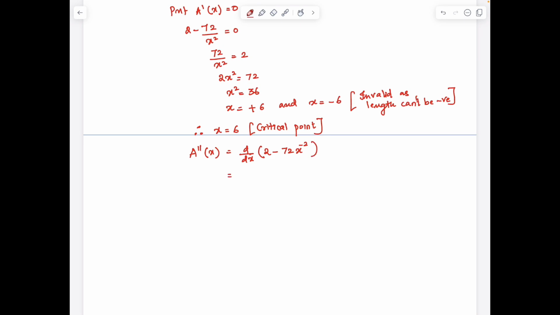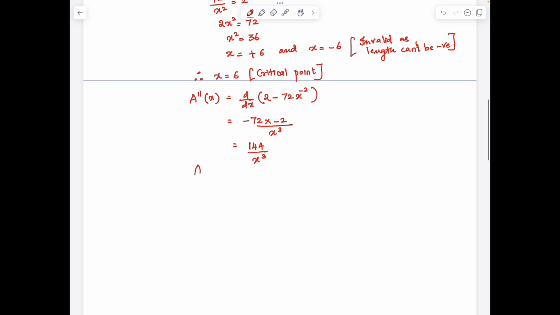That is minus 72 into minus 2 by x cube, which is 144 by x cube. Now A double dash of x at x equal to 6 is equal to 144 by 6 cube.